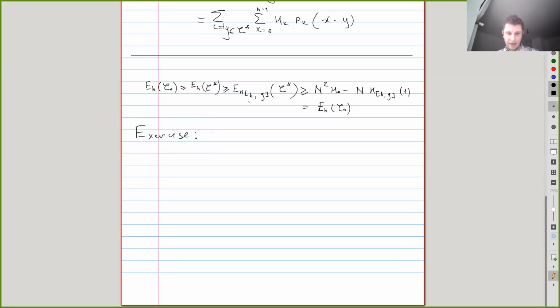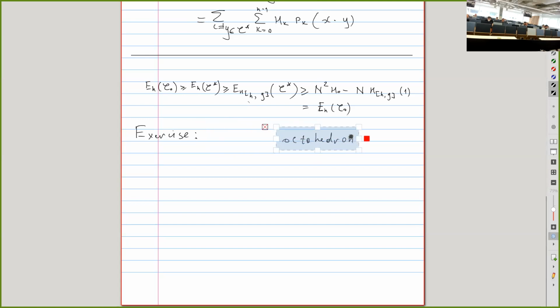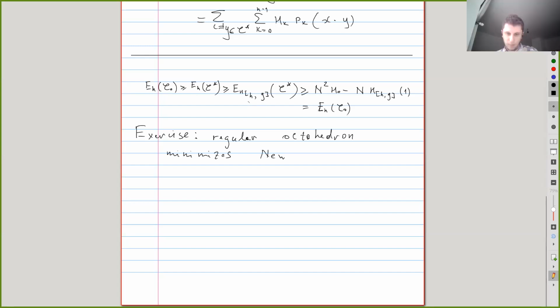So exercise, octahedron. I'll tell you what octahedron is. If you take 6 electrons, well, it's pretty hard to do, but let's say you take 6 electrons and you put them on a conducting sphere.